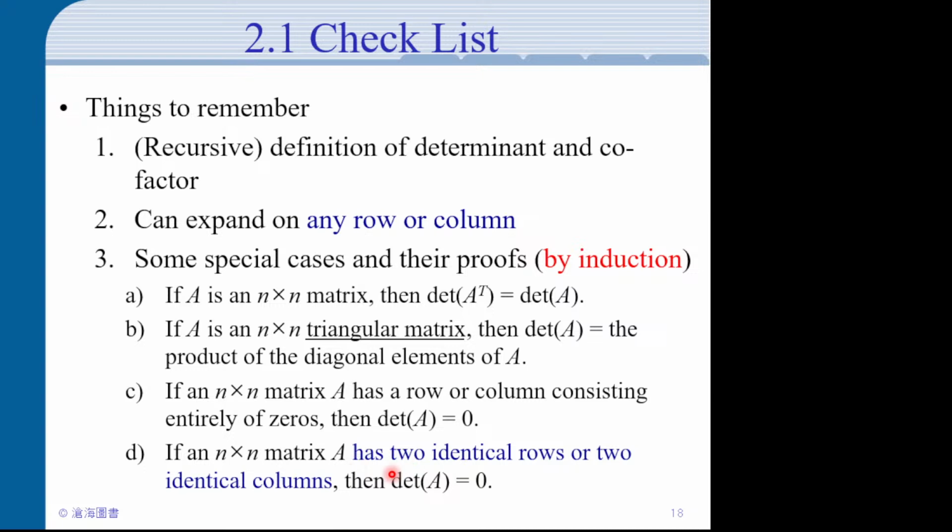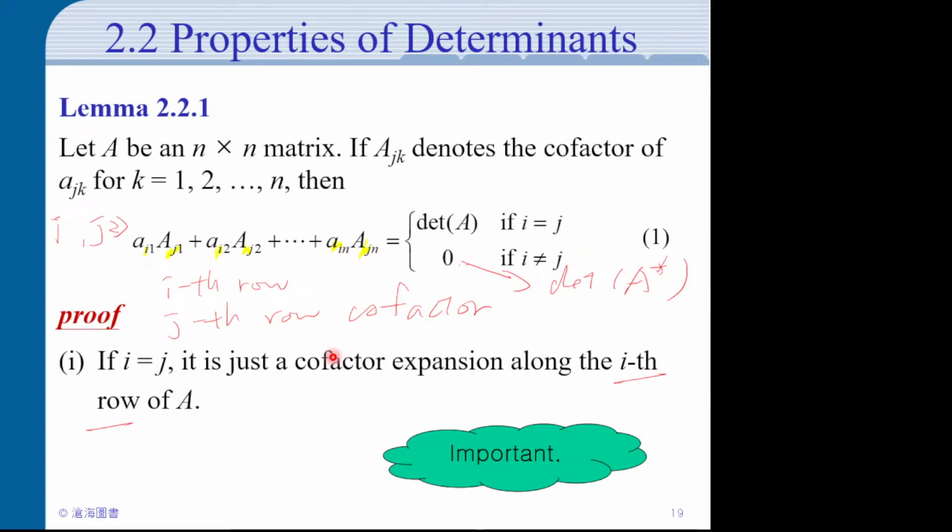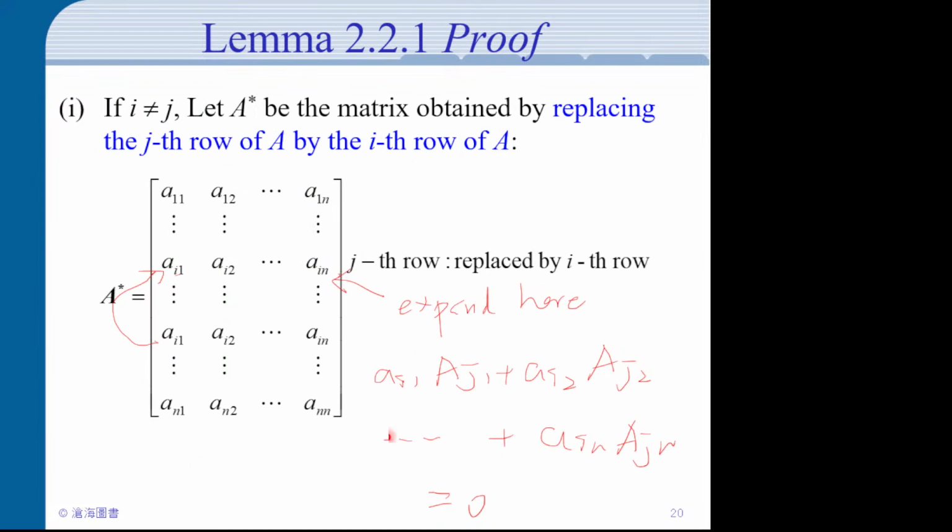Then we go to this substitution proof, where we have this weird term that is an inner product of one row with the cofactors of another row, and it should be 0 because it is the determinant of a matrix that has two same rows.